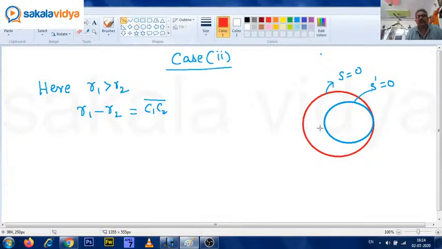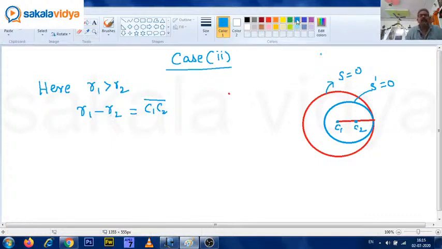For example, you take like this. Say this is C1, the center of this circle is C2. C1 C2 will be equal to R1 minus R2, the difference of the radii.